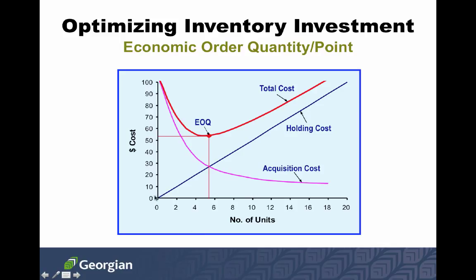Let's say my $4 part, 1 unit is $4, 2 is $8, 3 is $12, etc. So my holding cost line increases in linear fashion by the unit cost multiplied by the quantity on hand. My acquisition cost, you can see here's a curvilinear relationship, and it first declines steeply and then gradually starts leveling off, and I guess to use mathematical terms at infinity it would be horizontal.